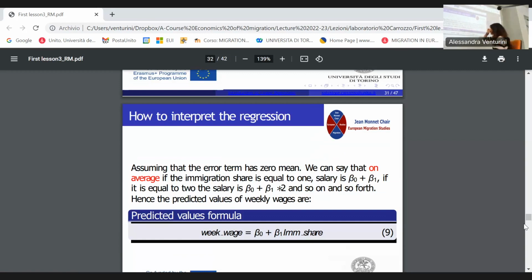Why? Because in general, when you run a linear model, there are a lot of assumptions that you have to make if you want to run this kind of model. It's not particularly complicated, but it's just an assumption.